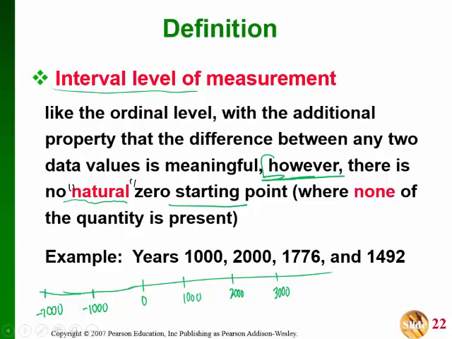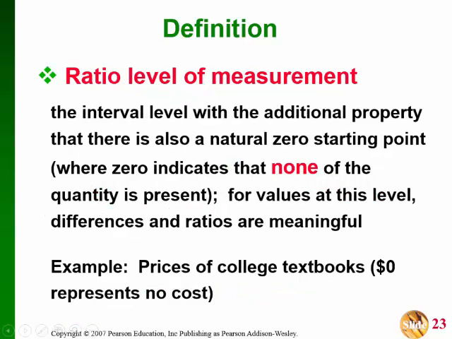So if you can actually find a starting point 0, then you would be at the highest level of measurement, which is the next one. Lowest or highest? I think it's highest. The ratio level of measurement is something that you can put in order, something that has a meaningful distance between them, and something where 0 does indicate nothing.